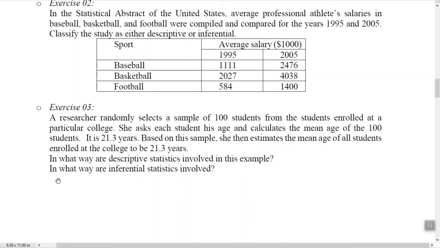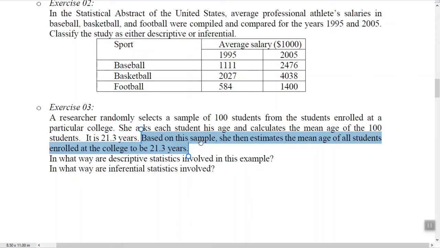Then the next question: in what way are inferential studies involved? Inferential statistics are involved from here to here. Based on this sample, she then estimates the mean age of all students enrolled at the college to be 21.3 years.